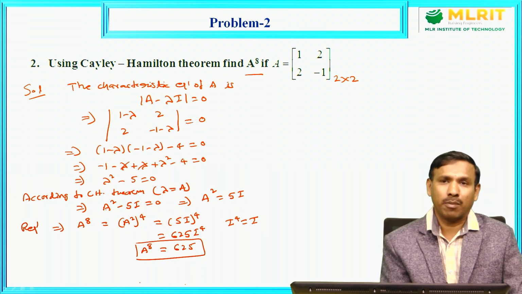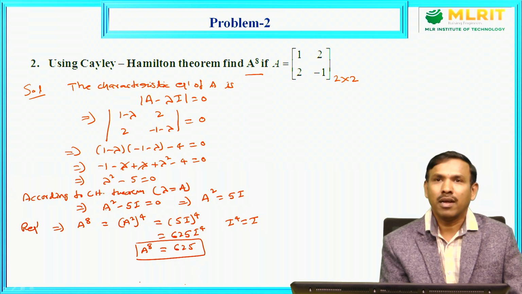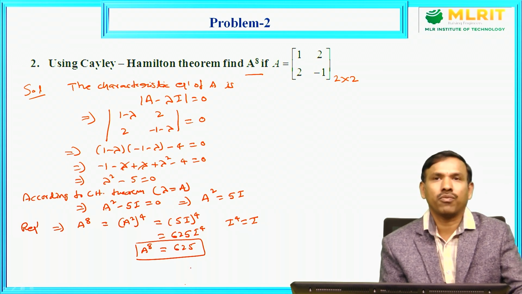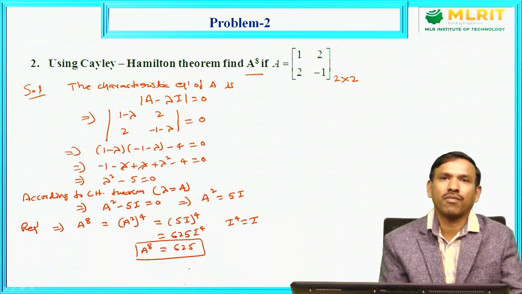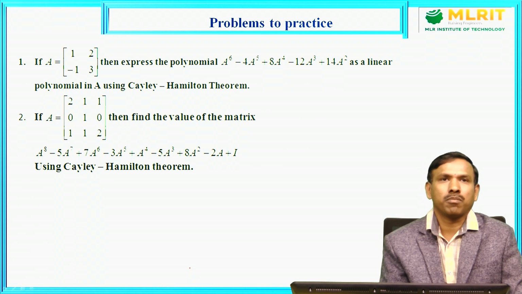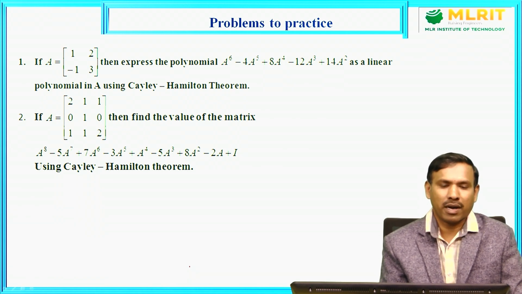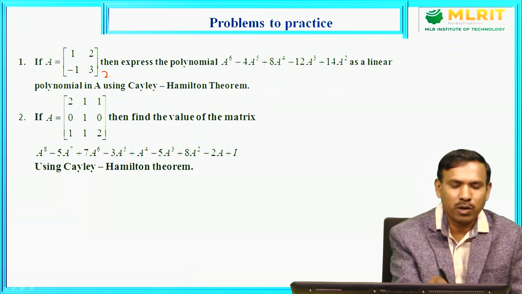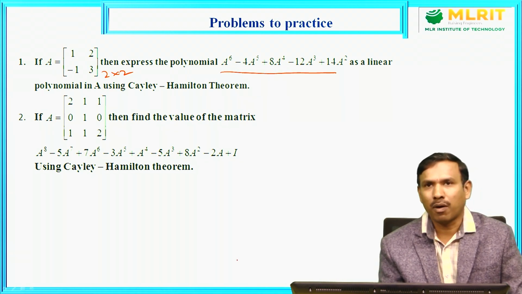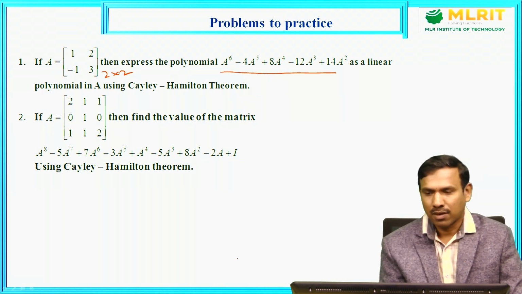Multiplying A 8 times is very typical. Here we found A power 8, or we can express a polynomial; different problems we can do. These are the applications of the Cayley-Hamilton theorem. Here I am providing some problems to practice. A 2 by 2 matrix is given; express this polynomial as a linear polynomial, like the similar problem we did on the first slide.